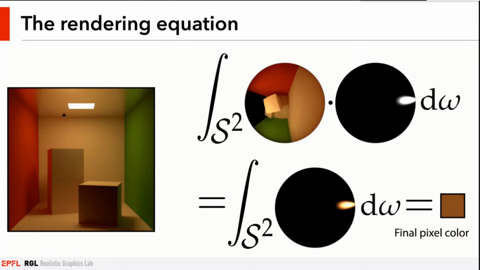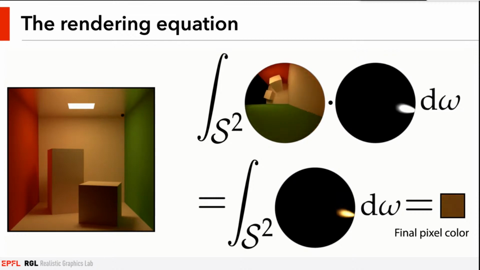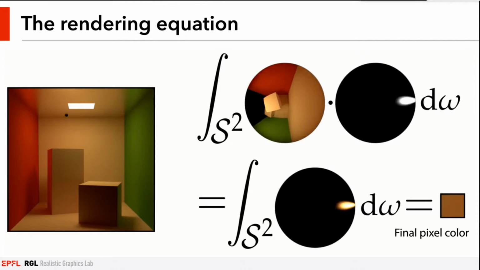Now, in this case, the ceiling of this box is made of metal. So it's a sort of a shiny material. And what you can see is actually happening here is that the product of these two different spherical functions now kind of selects out a small portion of the function. And that's actually what's causing it to be such a shiny material that reflects light in a very specific way.